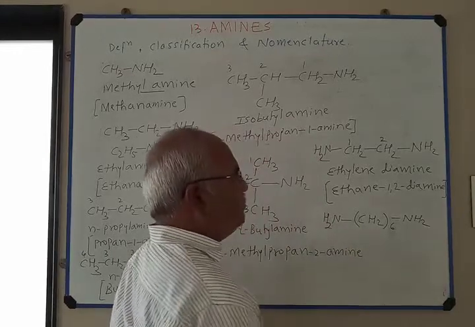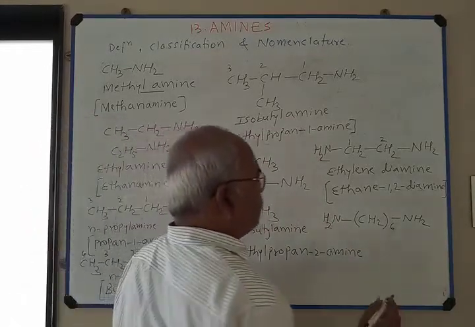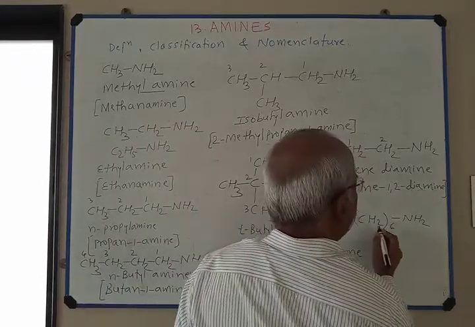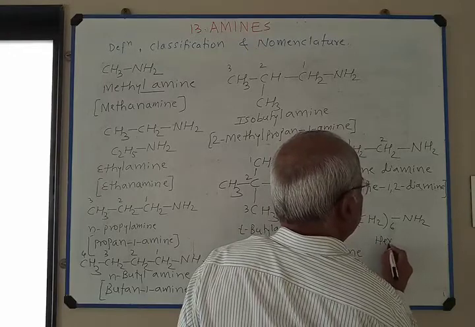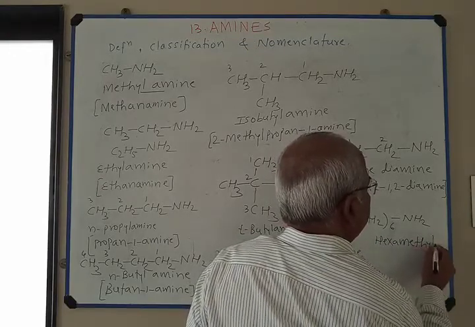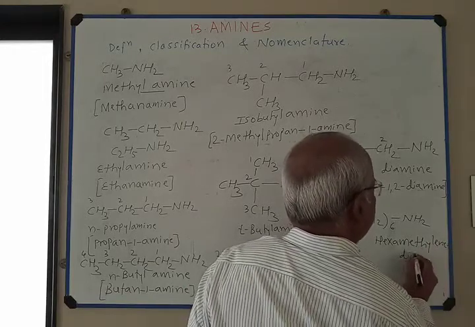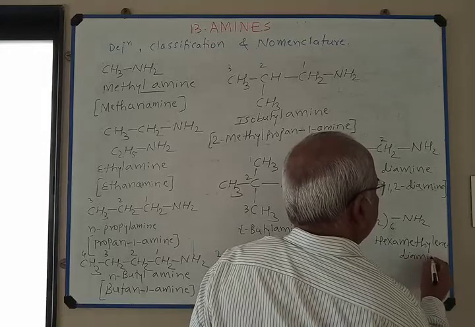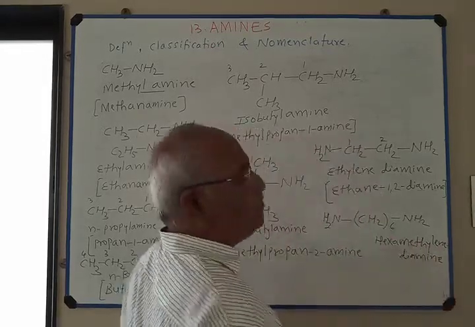The compound contains 2 amino groups. How to write the name of the compound? Methylene group is present 6 times, therefore I write hexamethylene diamine. Hexamethylene diamine is the common name of the compound.